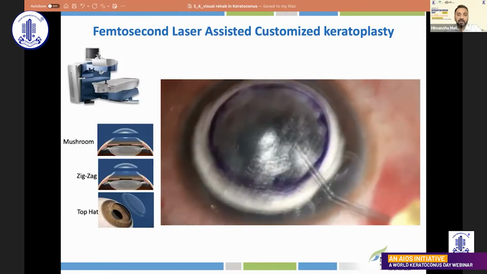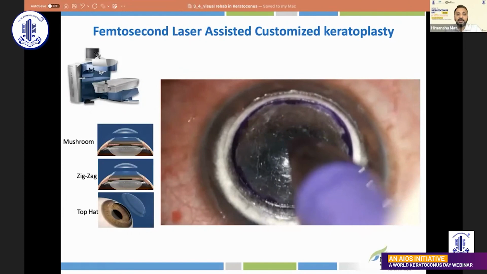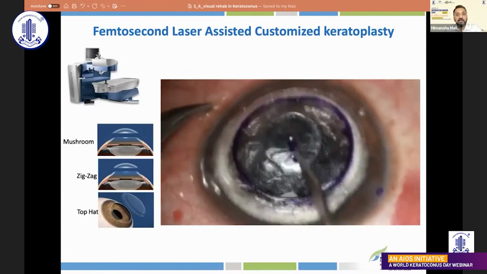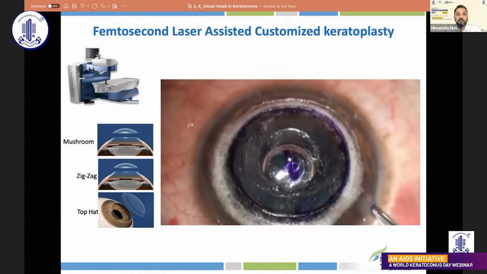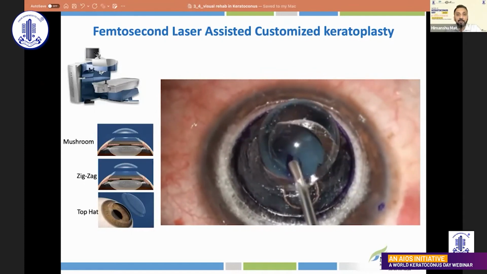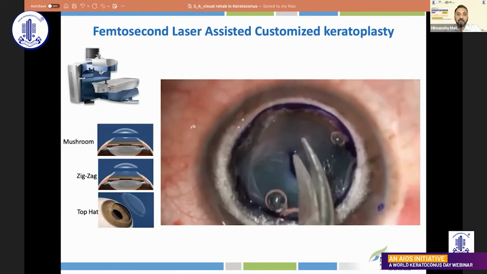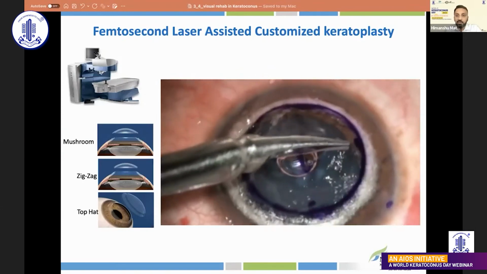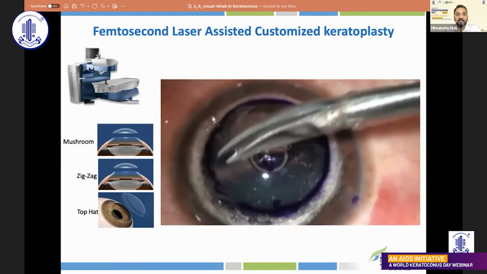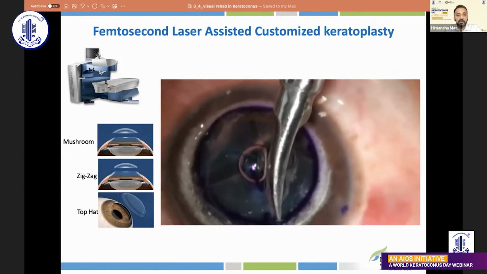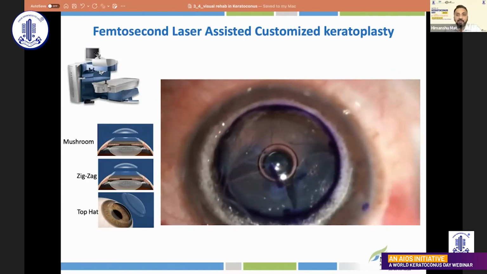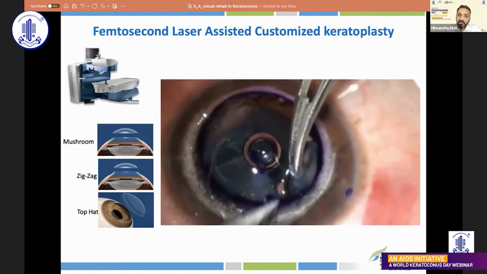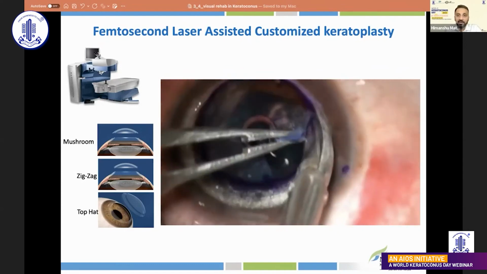These cases eliminate the chances of rejection, still giving a very good visual outcome and a long-term benefit for the patient's vision. The corneal transplant can be done using different techniques. The one I'm showing here uses the femtosecond laser to make a mushroom shape cut, but it can certainly be done using any vacuum trephine or normal trephine also.